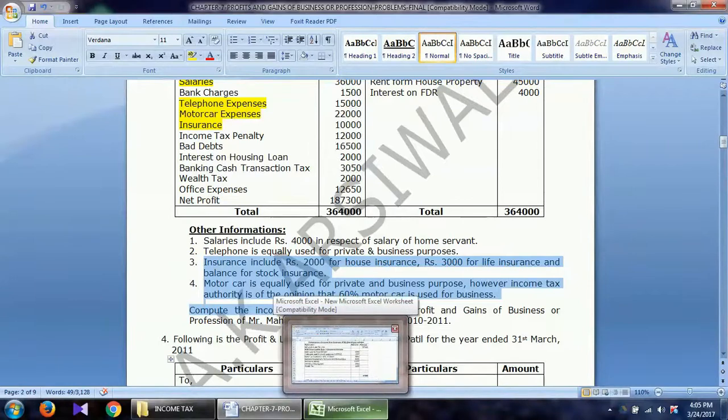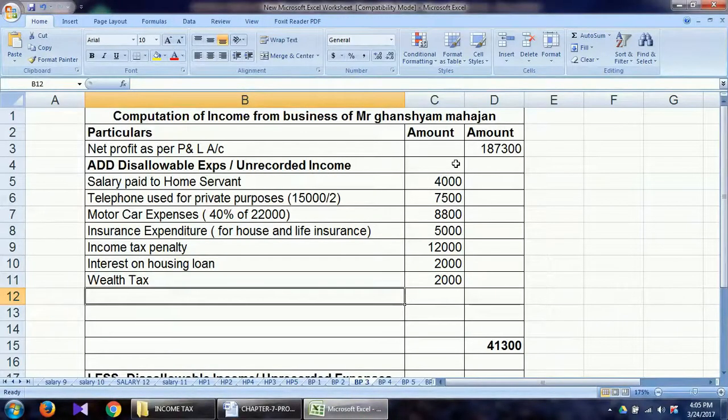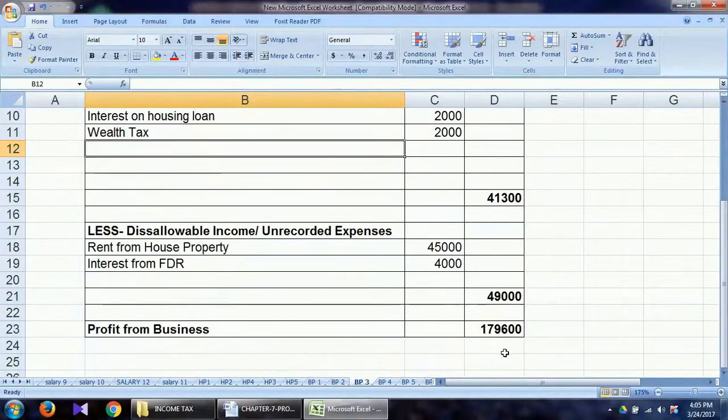So we take a look at our problem and make the totals. The totals on the addition side come to 41,300. The total of the deduction side comes to 49,000.